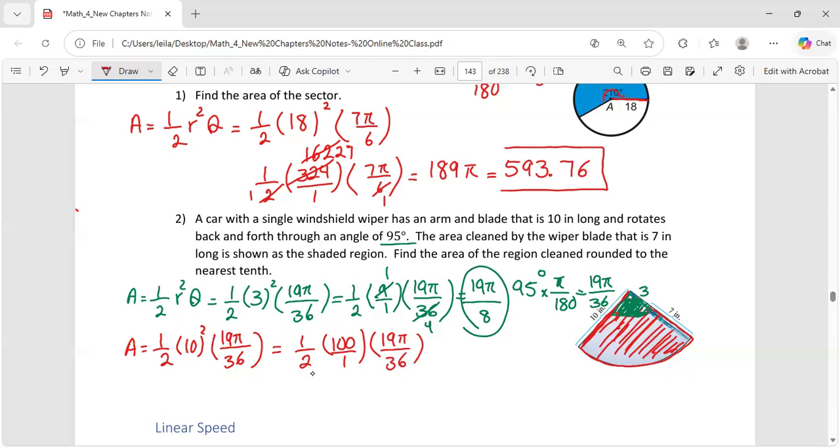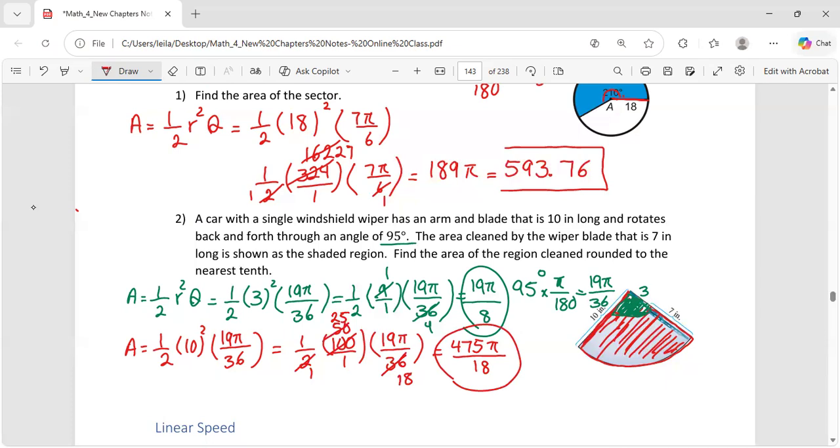Divide by 2: 100 divided by 2 is 50, and 36 divided by 2 is 18. Now we get 25 times 19 pi, which is 475 pi over 18. That's the whole red shaded area.